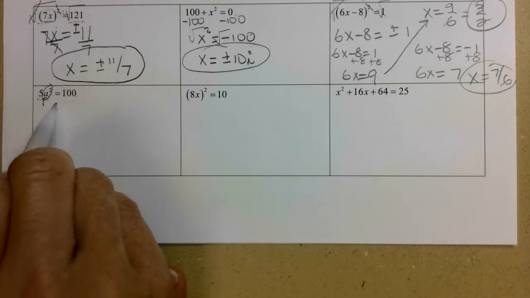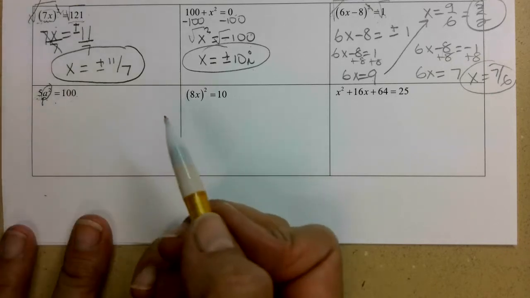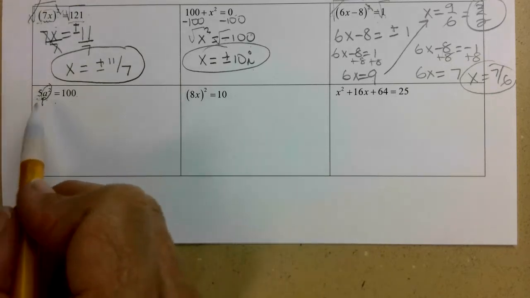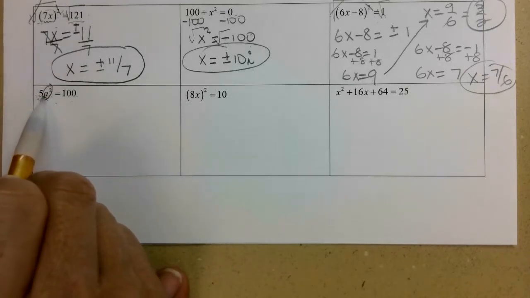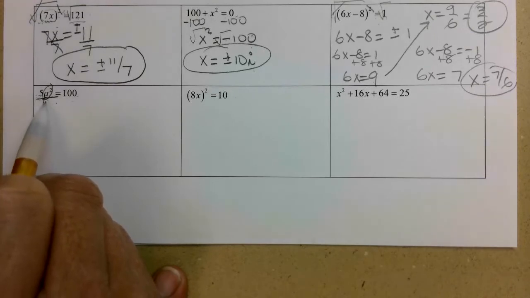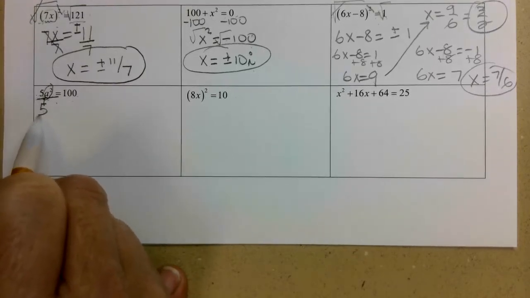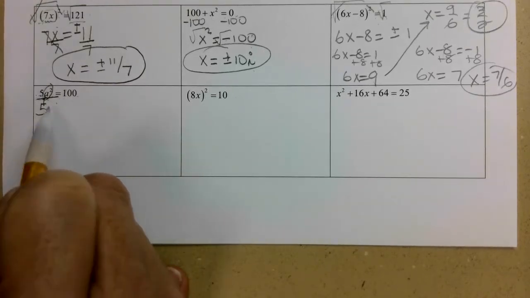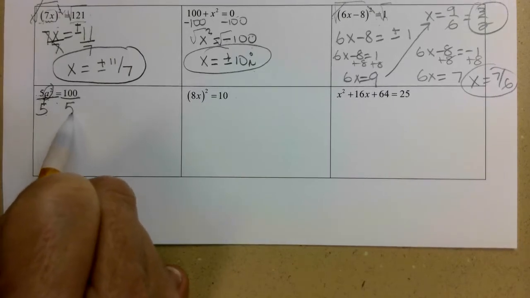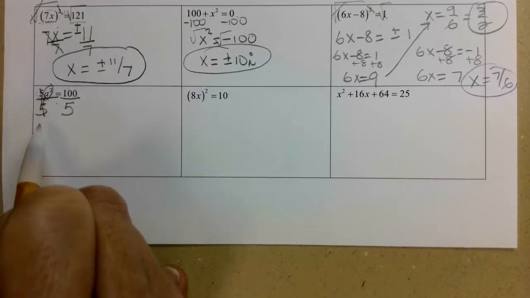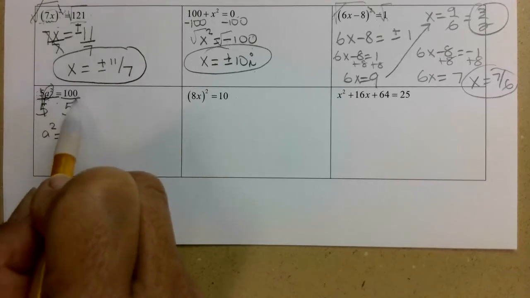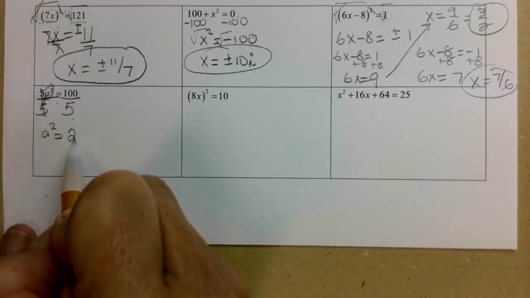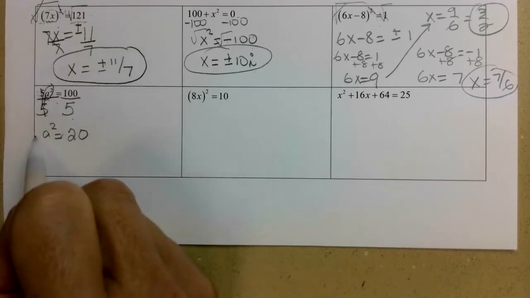So think about how we're going to move it. The way we decide is how is it attached? How is it being held here on the left? That's a multiplication that's holding it to the a squared. So we would divide that side by 5. And if we divide the left side by 5, we divide the right side by 5. Cancel on the left. a squared equals, so 100 divided by 5 is 20.